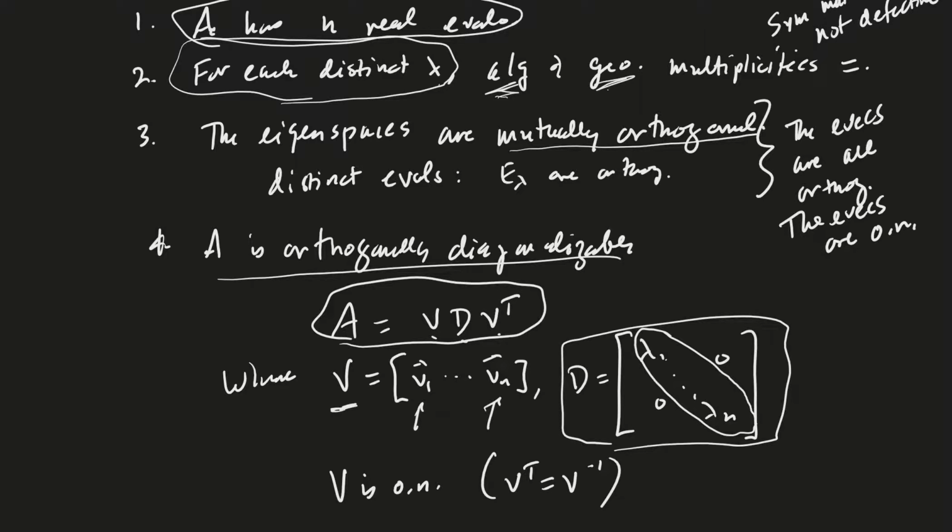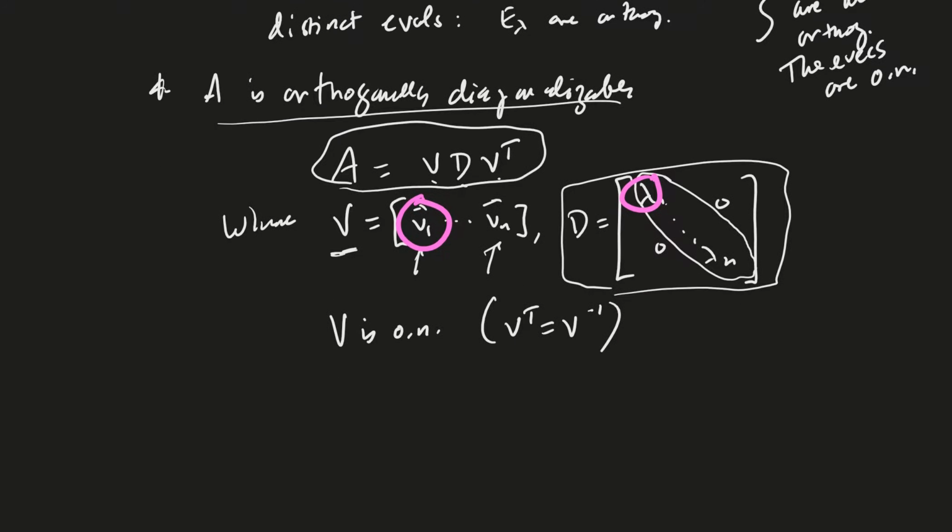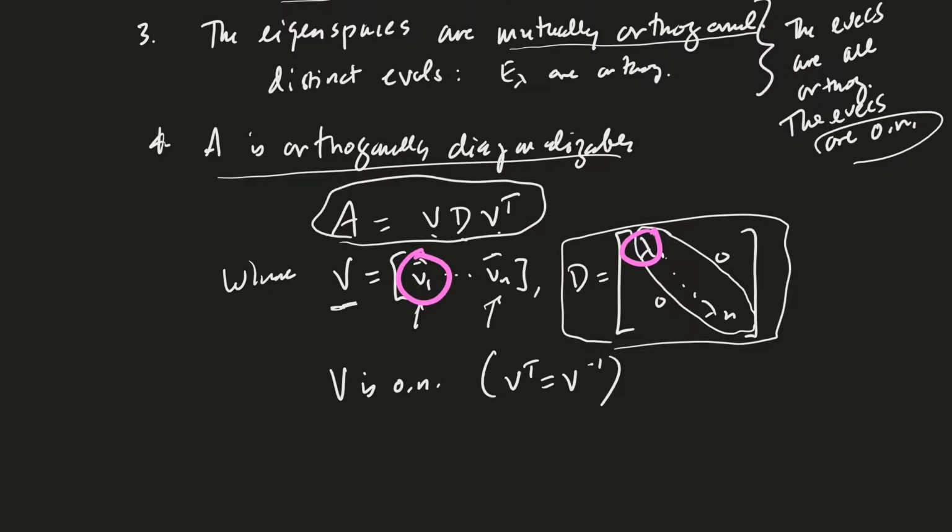By the way, be careful here, because V1 corresponds to lambda 1, then V2 corresponds to lambda 2, V3 corresponds to lambda 3, and so on. Furthermore, because the vectors are all orthonormal, V transpose is actually V inverse.